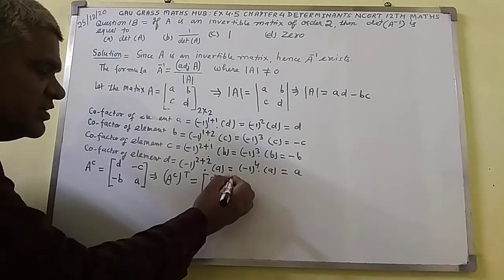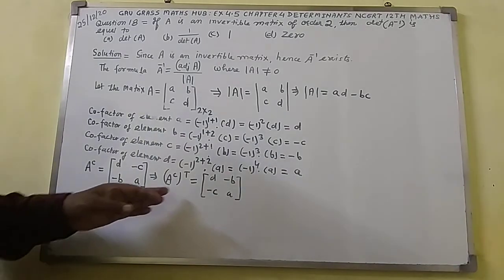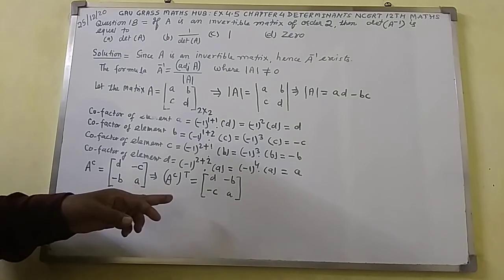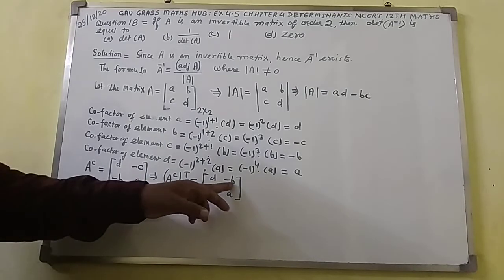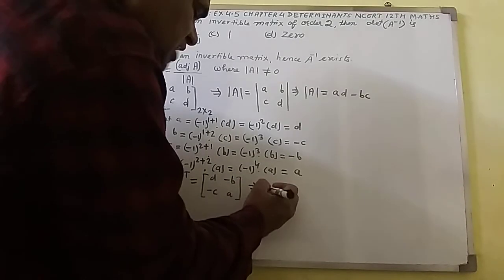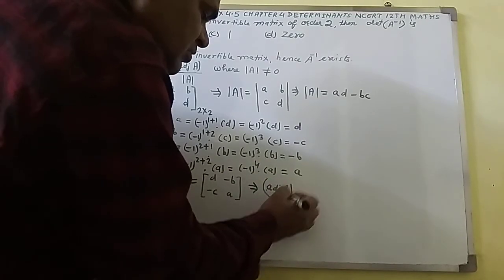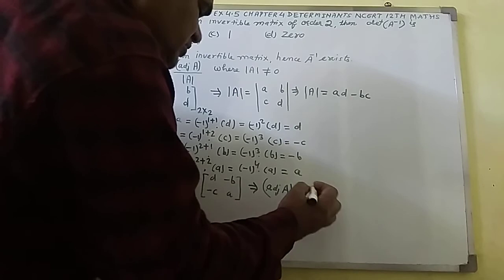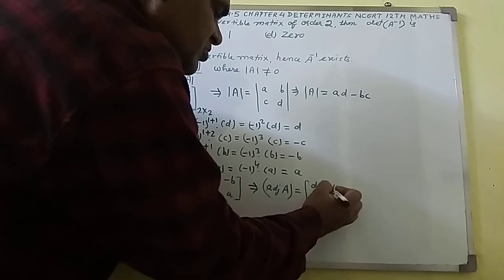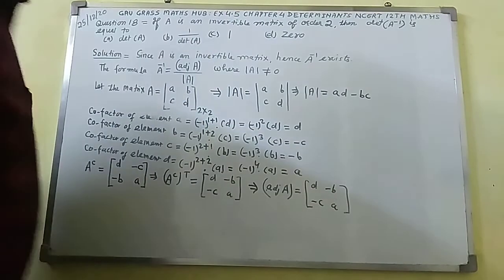So here write minus B, here write A. So you have got here transpose of cofactor matrix, elements are D minus B minus C A. You have got adjoint of matrix A comes out to be here transpose of cofactor matrix. So here you have got D minus B minus C A.